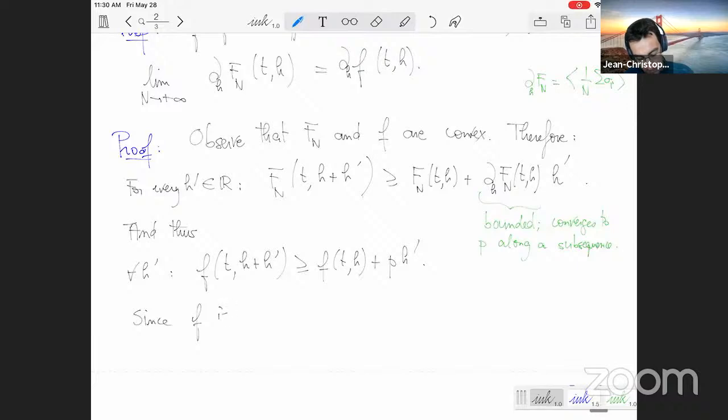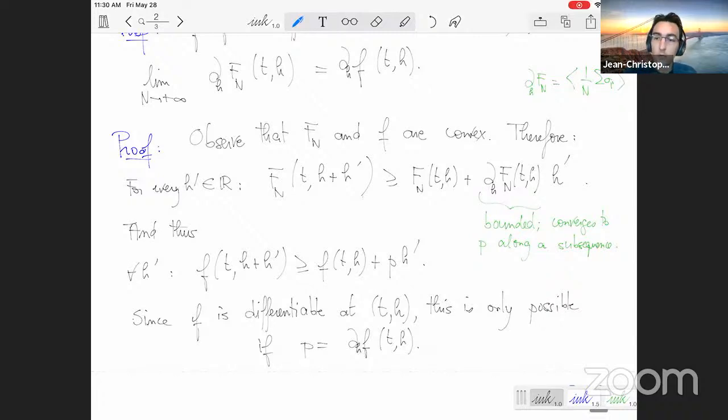So since f is differentiable at th, this is only possible if p is equal to the derivative.